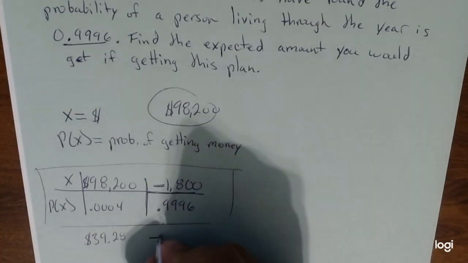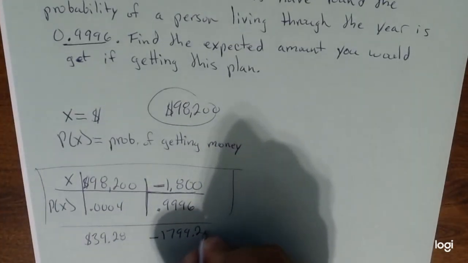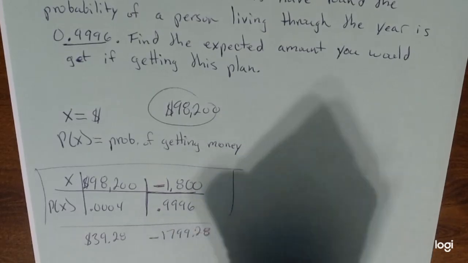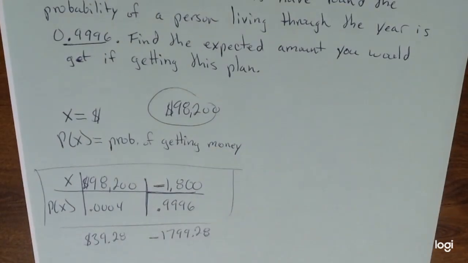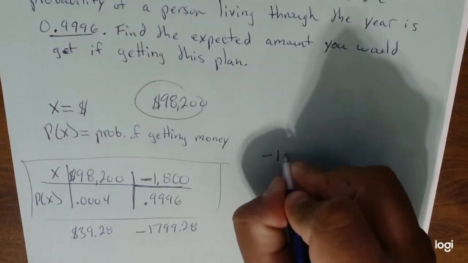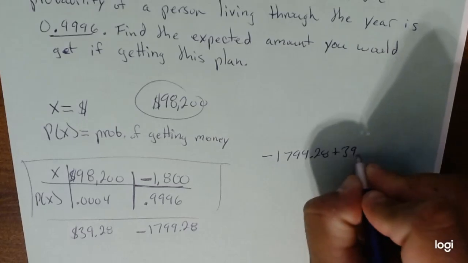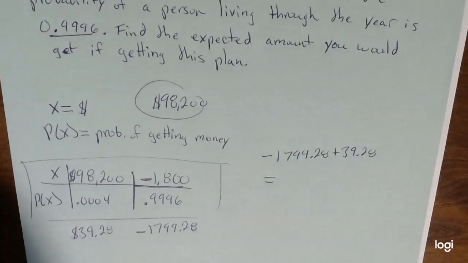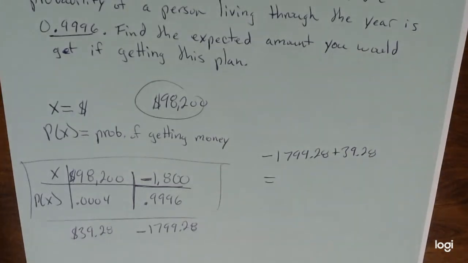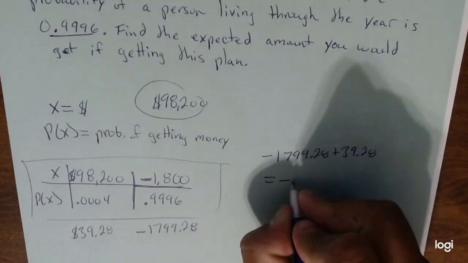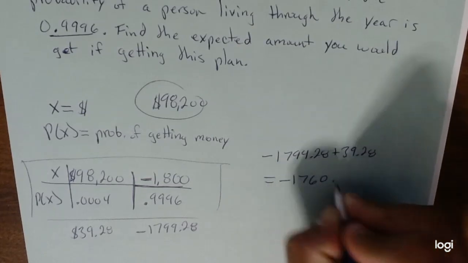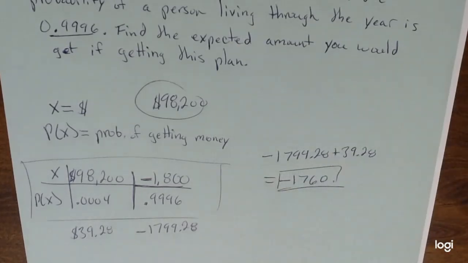It gives you minus 1799.28. Remember, we want to take the sum, so we're going to add these together. Negative 1799.28 plus 39.28. Adding these together gives you negative 1760.